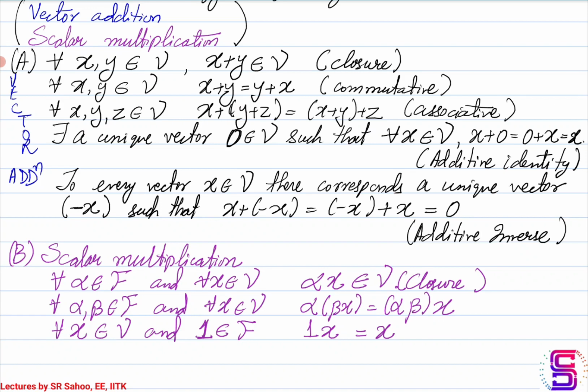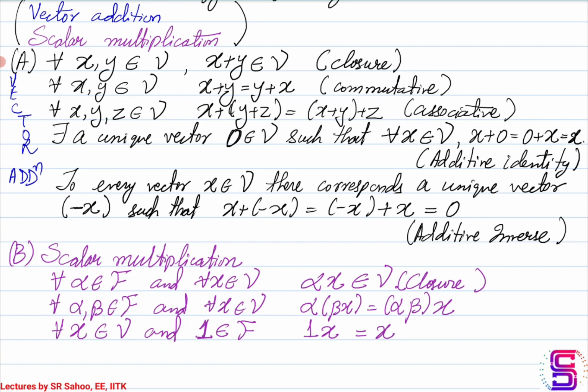For any pair of scalars taken from the field and a vector from V, the property is as follows. Suppose you have two scalars alpha and beta, and you perform a scalar multiplication of beta with x, so you get a vector beta x, and then you scale this up by scalar multiplication with alpha.